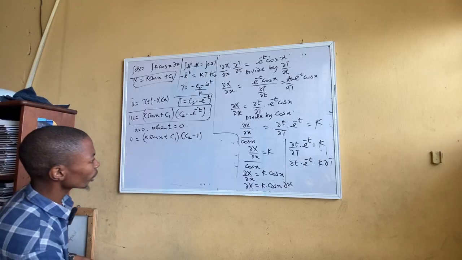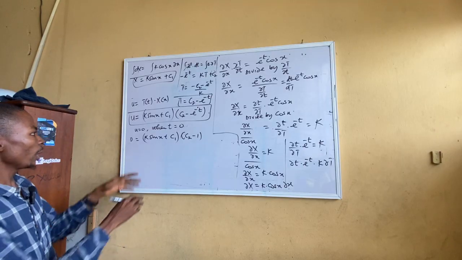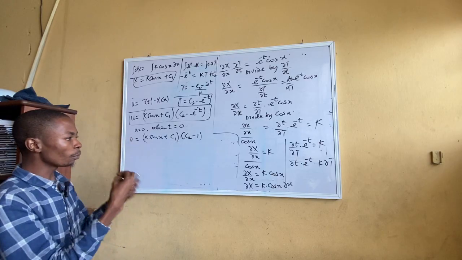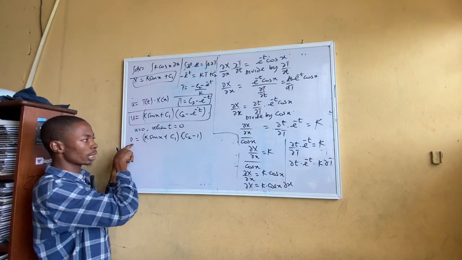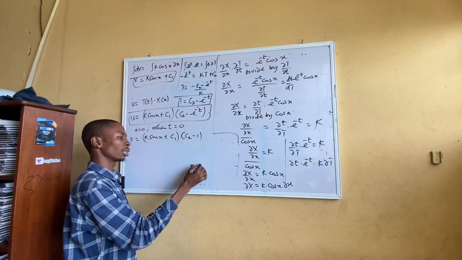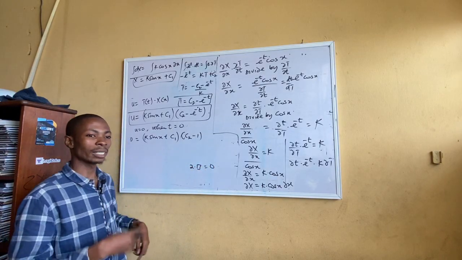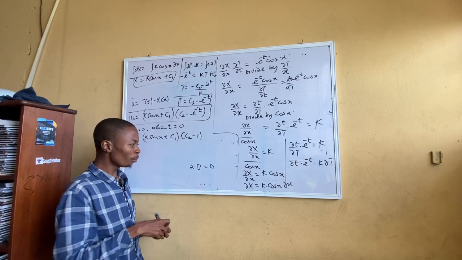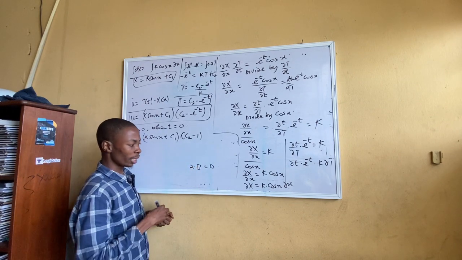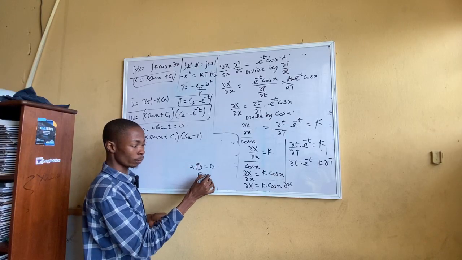Now, look here carefully. Whenever you are solving a partial differential equation and you arrive at this kind of problem, what are we going to equate to 0? Is it this one to 0 or this one to 0? Now, look at something. If I say 2 times something is 0, obviously, what is there is that 0, because 2 is clearly not 0. It means that this box will be the 0.